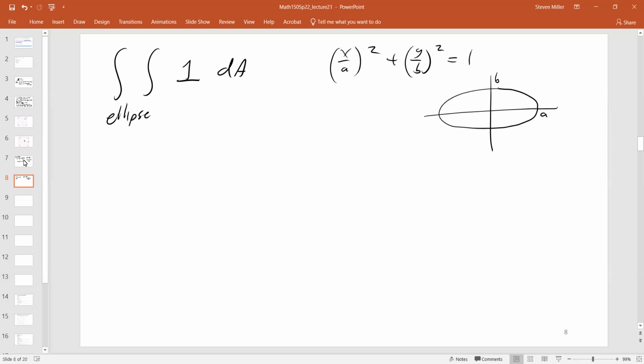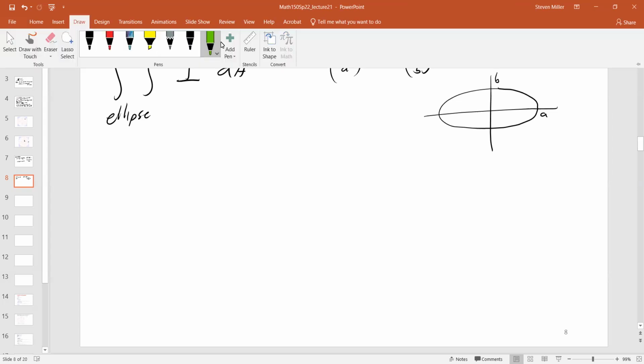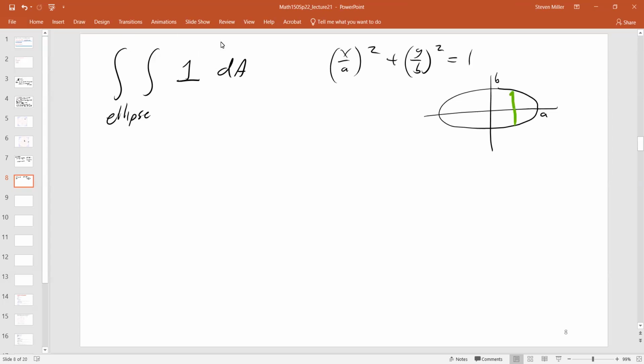So we'll fix x. If we fix x, then we have to figure out what's the range of y.